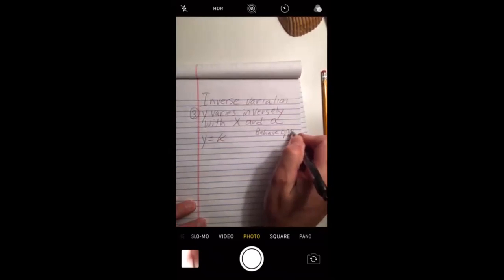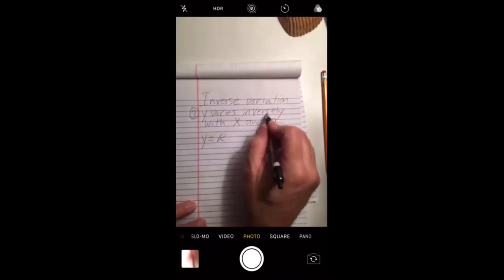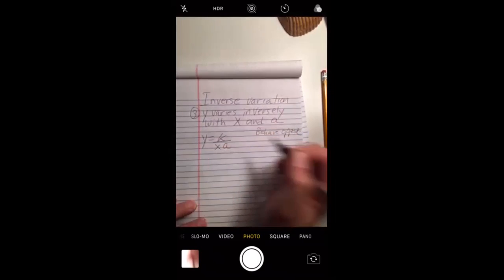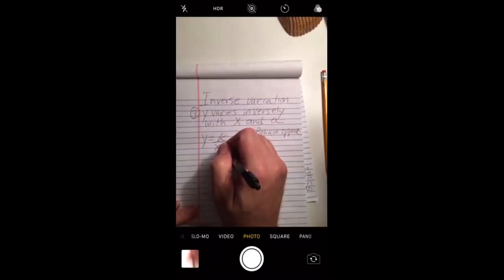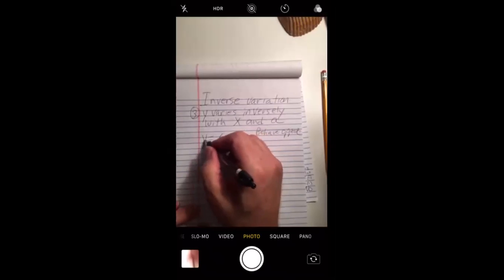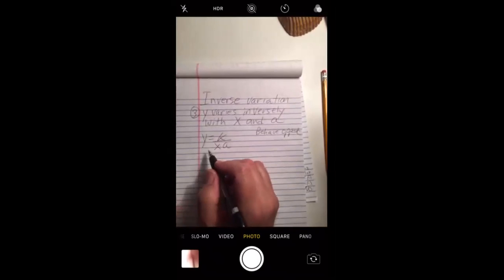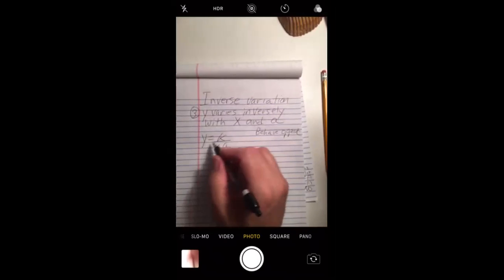In other words, X goes up, Y will go down. Anything after the word inverse goes on the bottom of a fraction. So if X goes up, this overall fraction goes down and Y goes down. Same thing with A. A goes up, this overall fraction goes down, Y goes down. If these numbers go down, you decrease the bottom of a fraction, the overall fraction gets bigger, Y will go up.